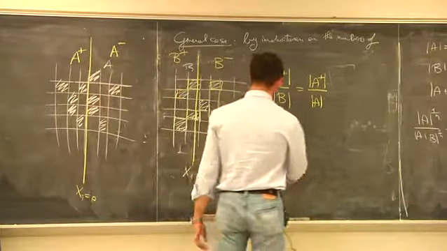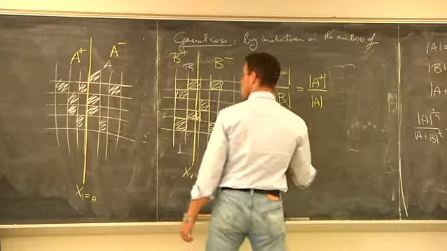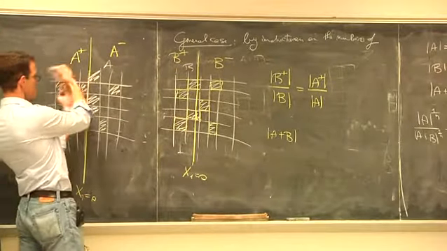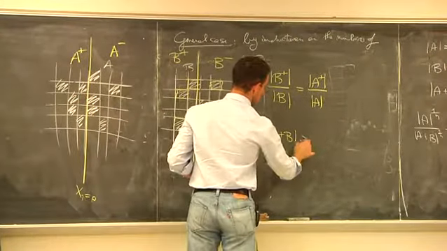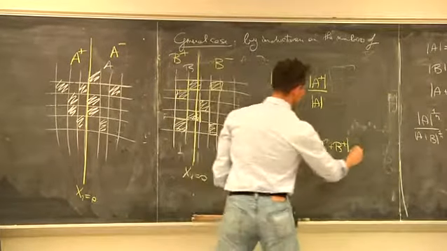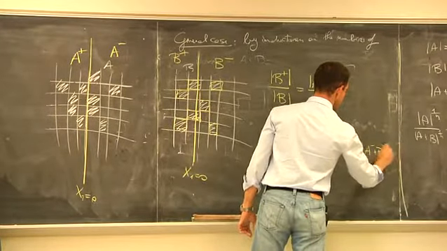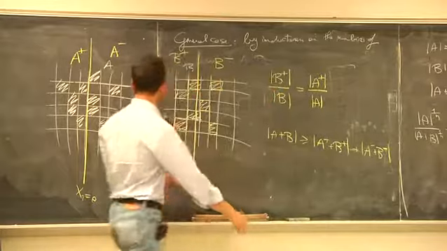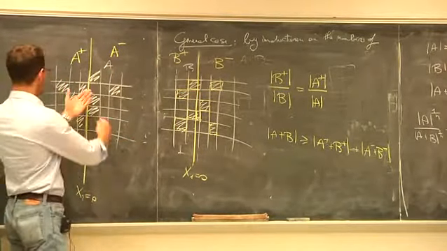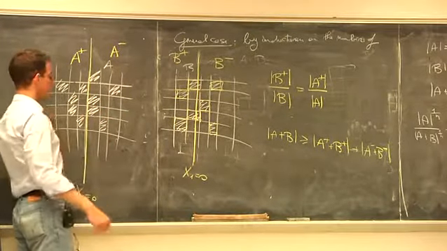And now the proof is almost automatic because you just use the following: when you do the sum of sets, A plus B contains A plus plus B plus, and also contains A minus plus B minus. If I take an element here and an element here, the element that I get is on the left of the hyperplane x1 equals 0, the first coordinate is going to be negative.